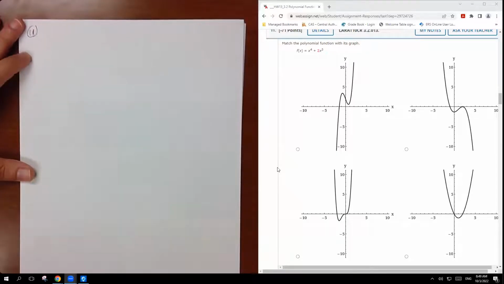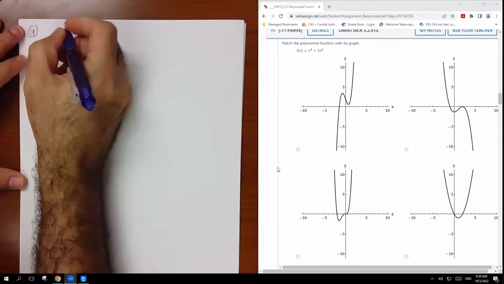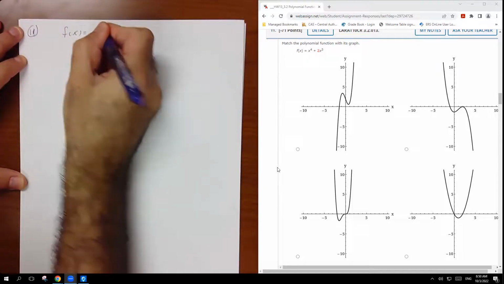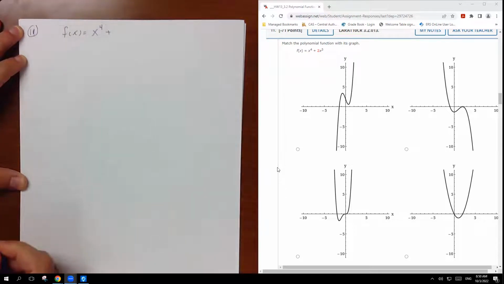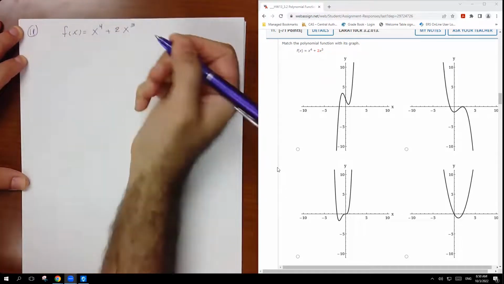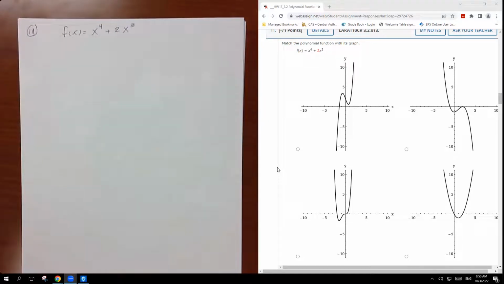So example 11, they said f of x equals x to the power 4 plus 2x cubed. So I'm going to do exactly the same thing. First of all, I'm going to factor the polynomial.